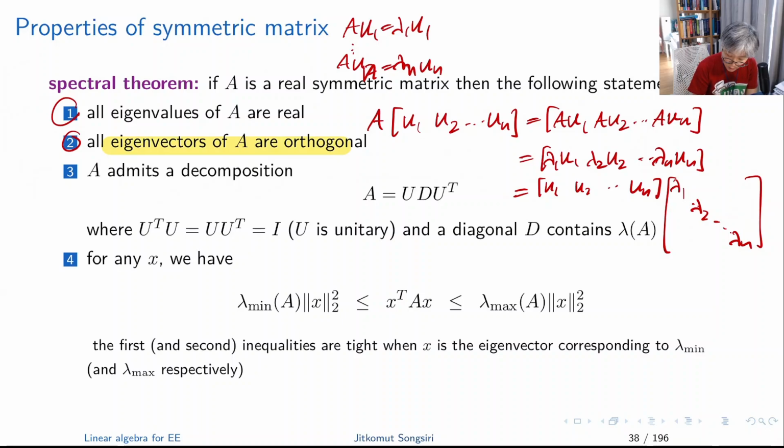Okay. So if I call this guy a matrix U, and I call this guy a matrix D, my matrix D contains the eigenvalues and it has a diagonal property.